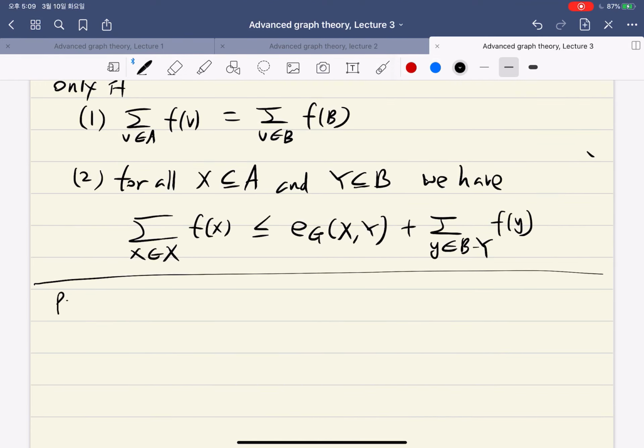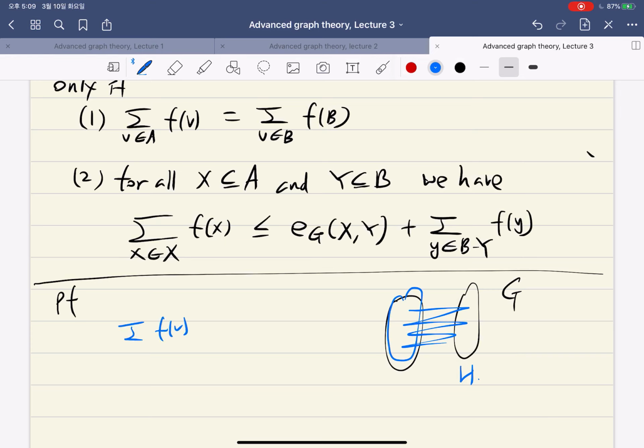So necessity is actually easy. If you have a graph G, and it has an f-factor H, then the degree sum of H, so the summation of f(v), is the same as the summation of degrees in H, because H has degree exactly f.